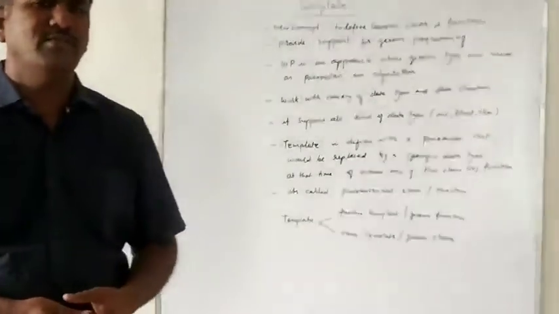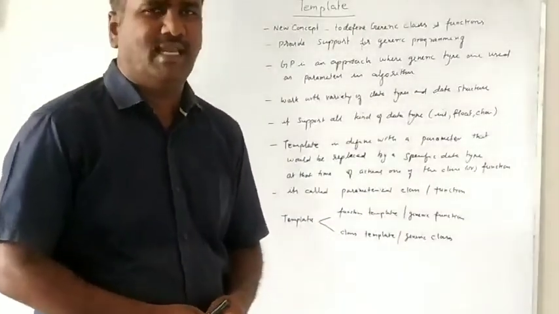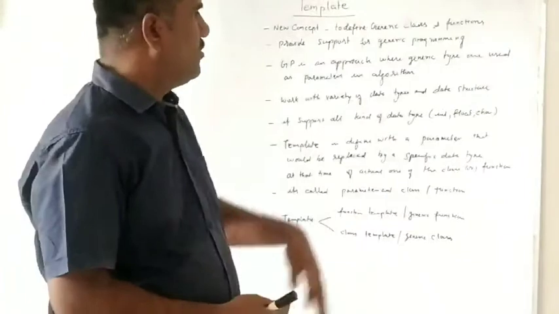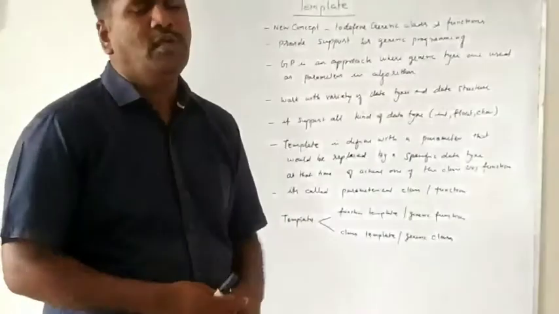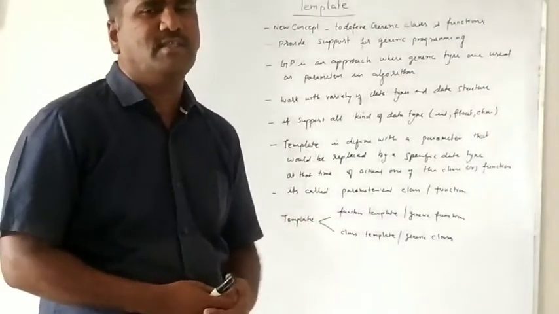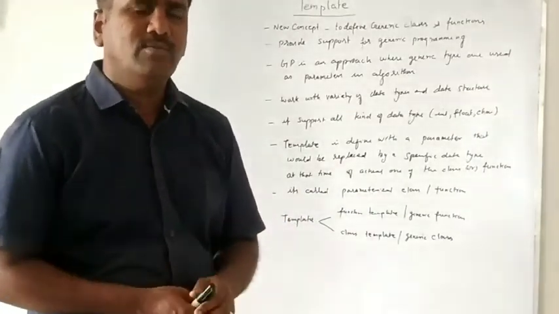We already know what data types are: for example integer, character, float. Data structures are things like stack, linked list, queue. So here we use generic data types to perform generic programming.